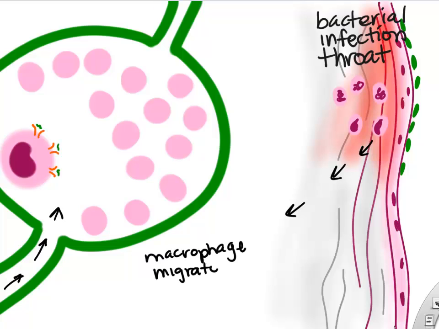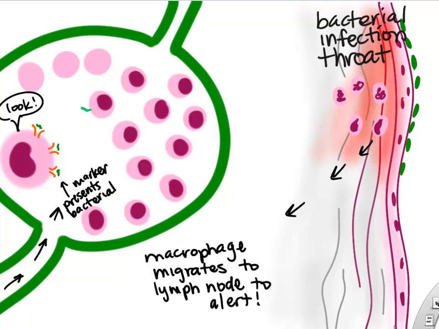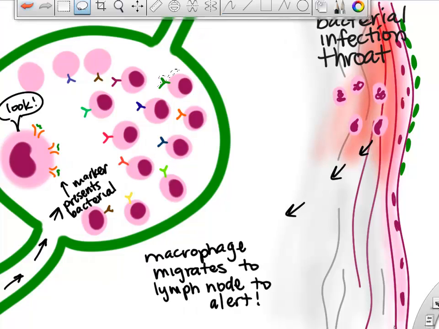And that little macrophage would basically alert the lymphocytes in that lymph node that you've been attacked by something. It does that by presenting little pieces of the bacteria called markers. And remember that markers can also be called antigens. Of all the different lymphocytes in that lymph node, probably only a small group have been genetically programmed to recognize this bacterial marker that you've been infected with.